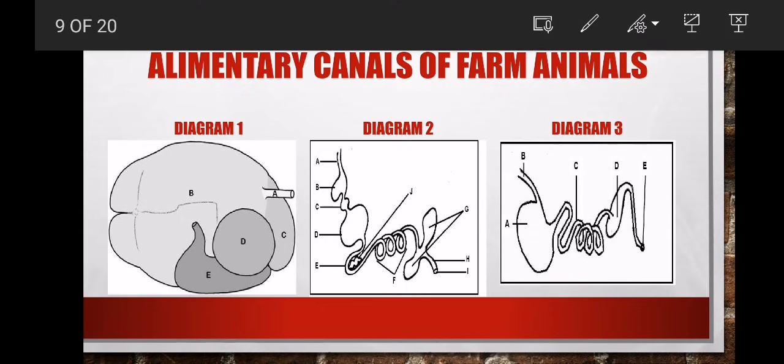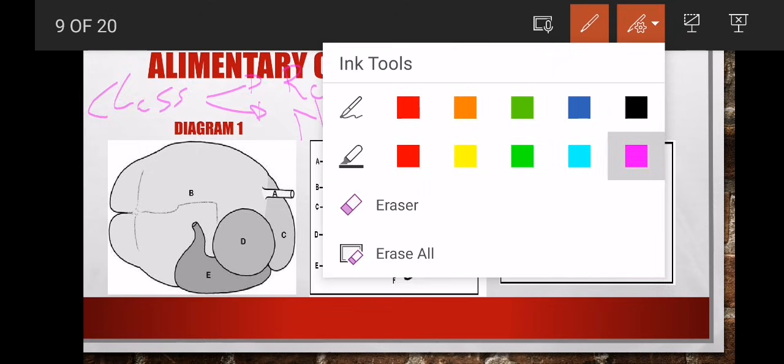So when they say classify, there are 2 options that we have, whether we say ruminant or we say non-ruminant. Clear on that one? Okay, let us classify them.